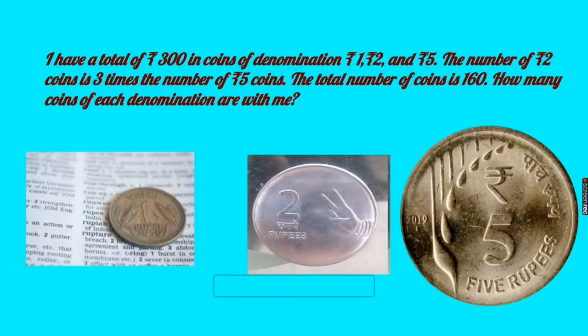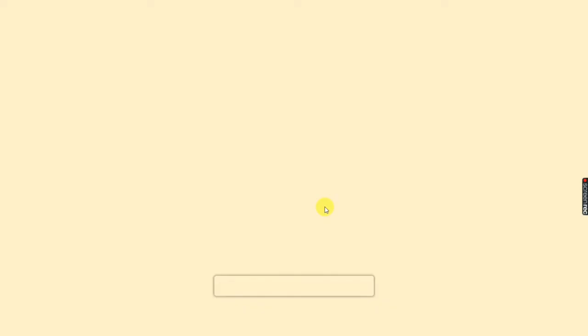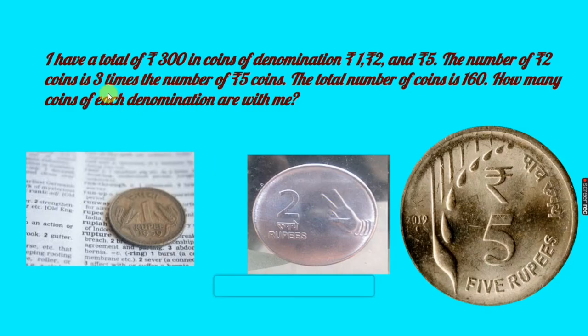Let us understand. I have a total of 300 rupees in denominations rupee 1, rupee 2 and rupee 5. The number of 2 rupee coins is 3 times the number of 5 rupee coins.